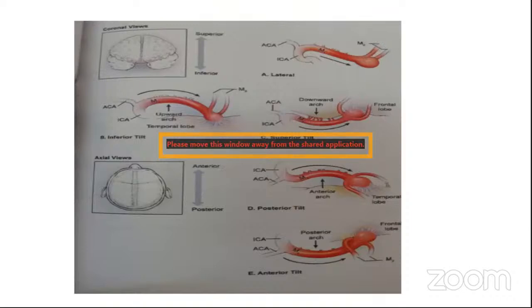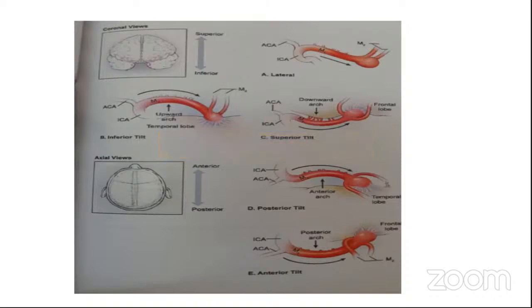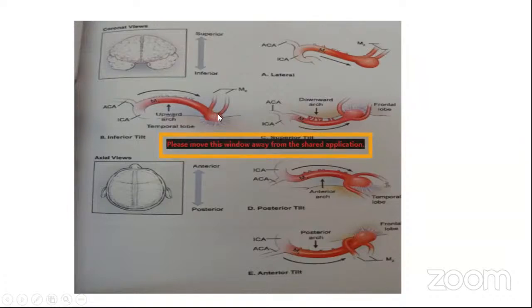Right. This diagram shows the location of the aneurysm in the upward plane and the coronal plane. You can see the M1 sometimes makes an upward arch, and there's a down inferior tilt of the aneurysm. Sometimes it is a superior tilt, sometimes a lateral tilt.